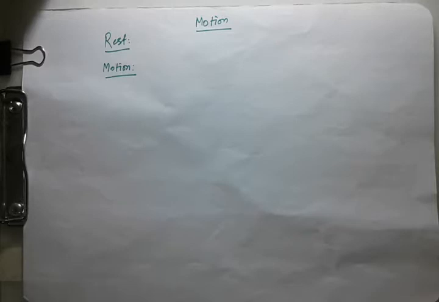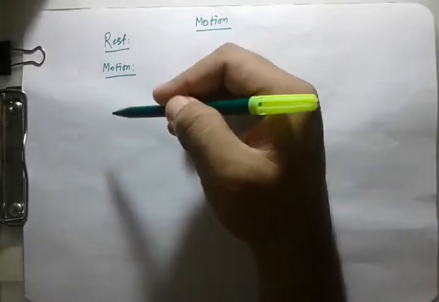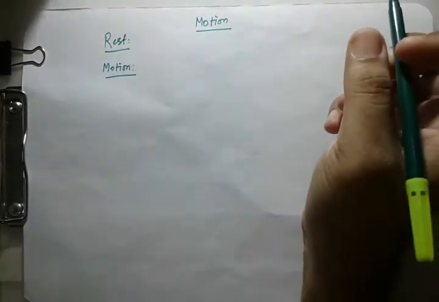But actually you are moving with that person. Suppose somebody is standing on the platform and observing you, then that person will observe that you are in motion. So that is why rest and motion are completely relative things.